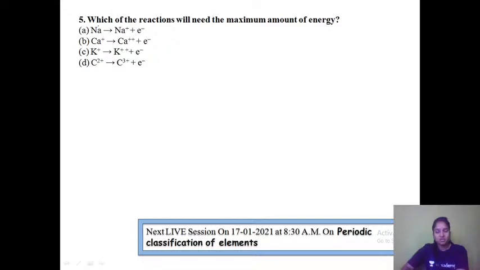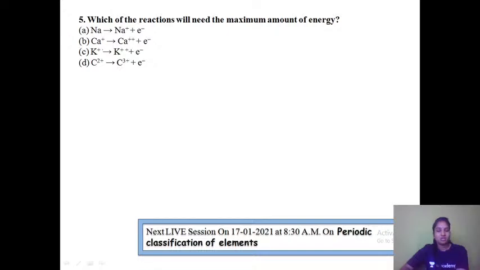So here you can see, in this case where sodium is there, they are removing an electron from the neutral atom. Removing an electron from a neutral atom will not require as much energy as removing an electron from an ion. So definitely option A is not it.